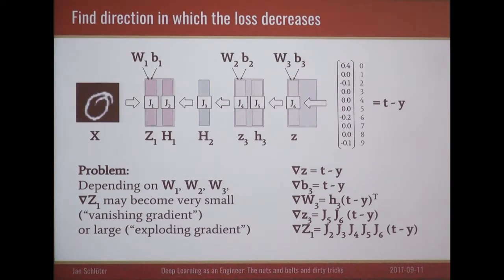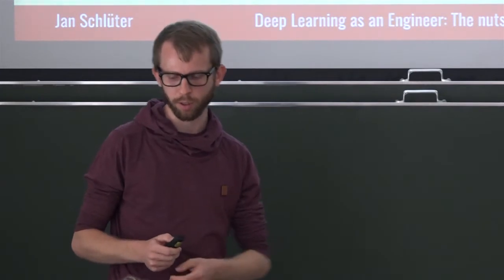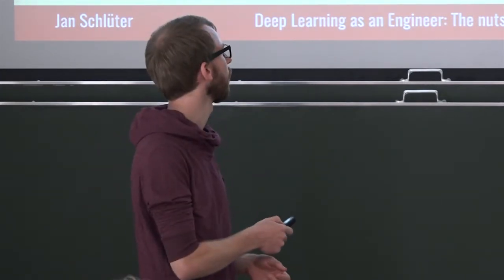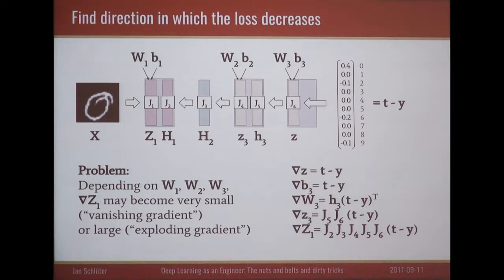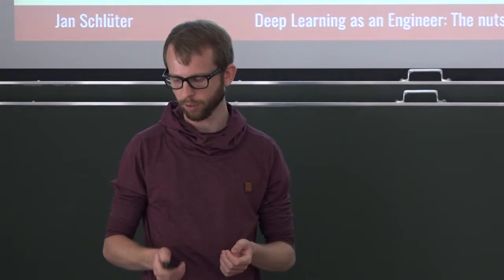Now the problem is, depending on how the weights are set, the information here in which direction to move may either become very small, if the matrices in between have very small values, which is called the vanishing gradient, or it can become very large, which is called the exploding gradient effect.